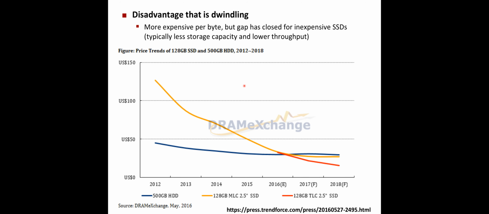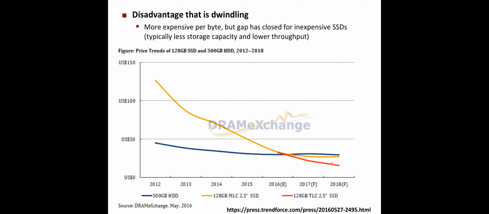Now, another disadvantage that's dwindling is that it used to be that SSDs were far more expensive per byte. But over the last 5 years or so, this is getting very interesting, especially for the cheaper types of solid state drives. The price per byte is evening out down here.